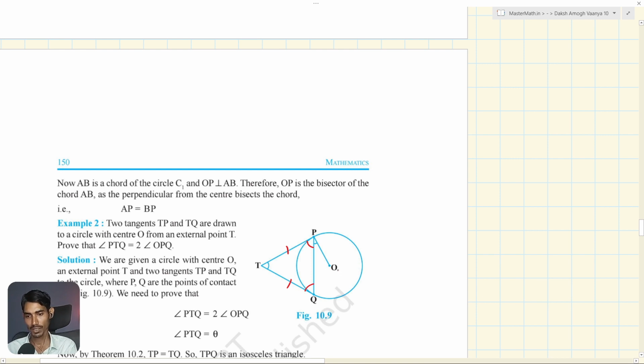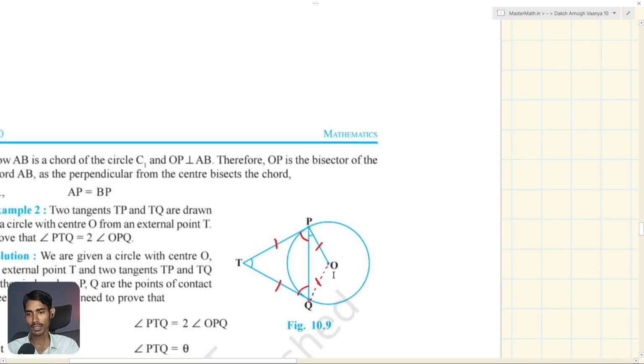Okay. So now, if we see, we could connect these two points O, Q, and everyone pay attention. Because these are radii, these two angles would also be equal. So if I name this as X, and this is Y and Y, we want PTQ, and that is twice of OPQ, OPQ is X. And now let's name this as Z. All right.